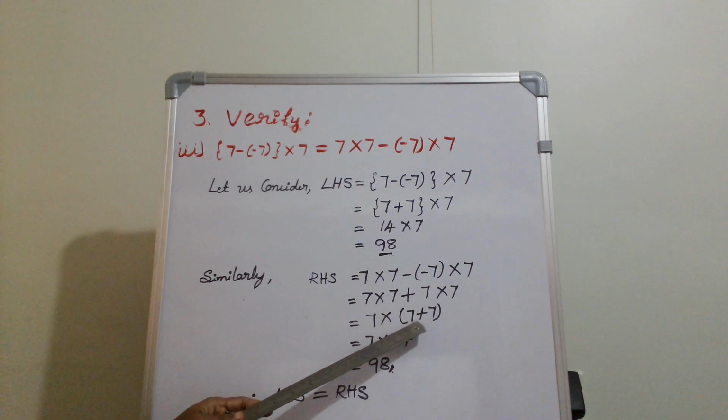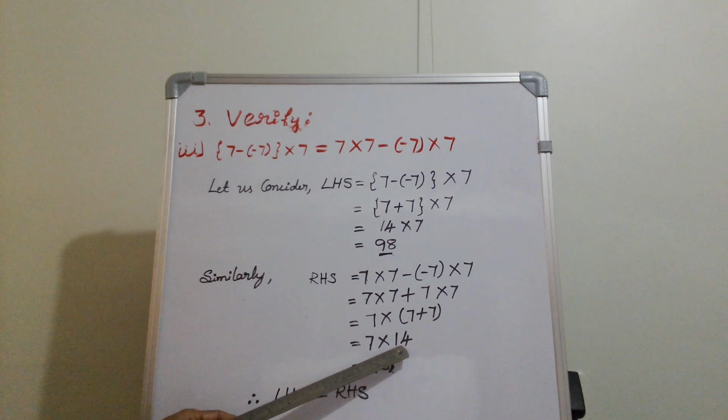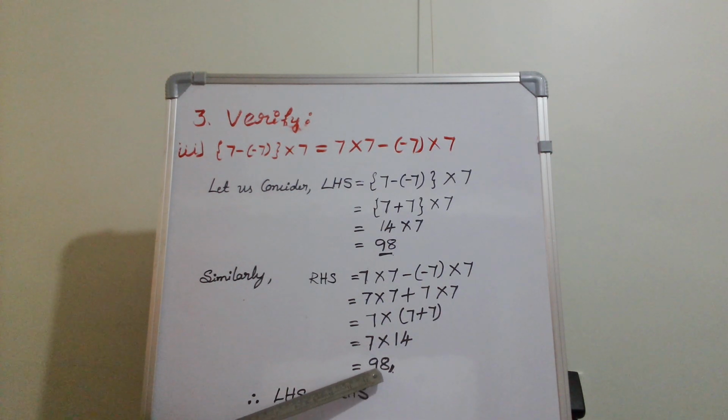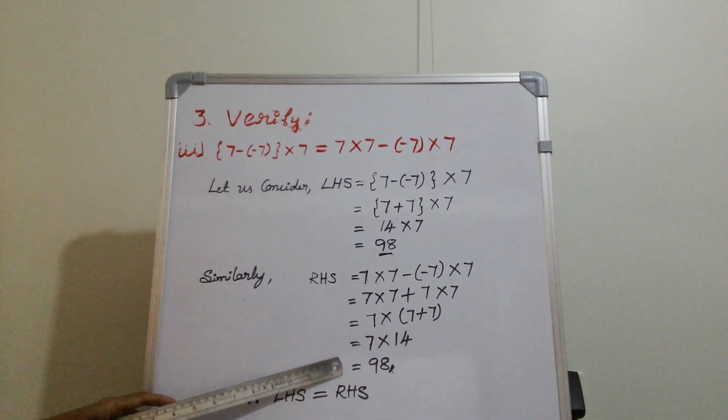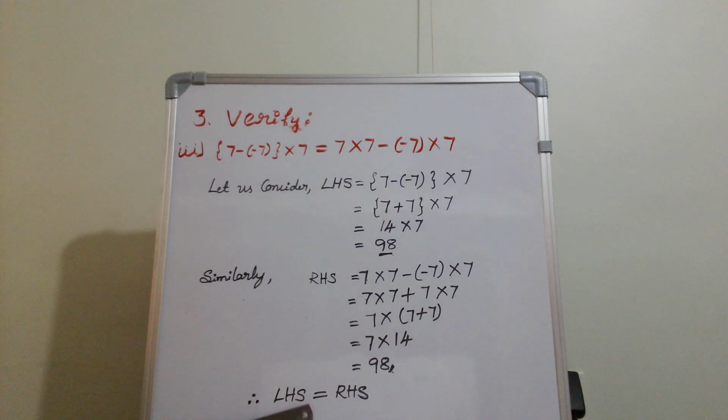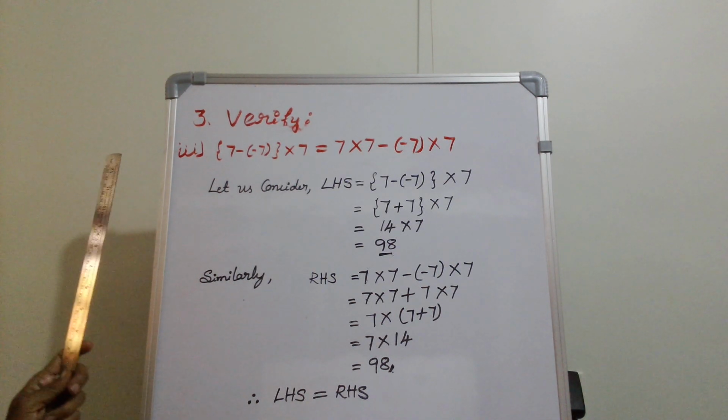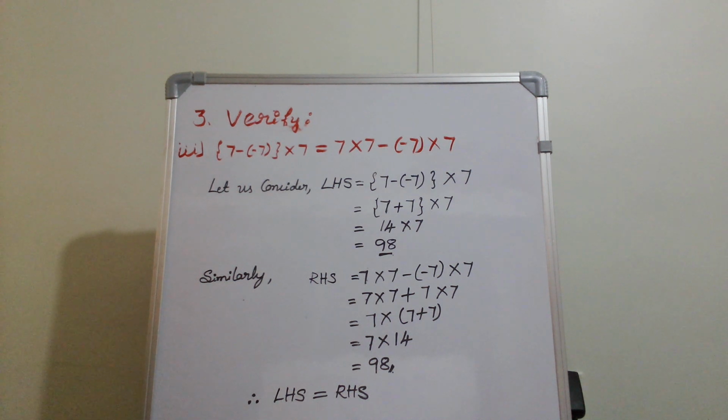So if we add 7 plus 7 is 14. So 7 into 14, which is equal to 98. So both LHS and RHS have got the same answer. So LHS is equal to RHS. So the problem is verified. Hope you understand.